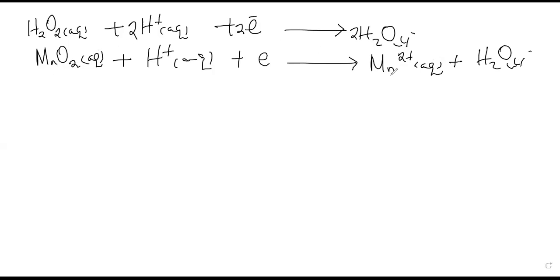Manganese is 1. Oxygen is 2. Oxygen is 1. So can you bring a 2 here? Making hydrogen 4. Can you bring a 4 here? This side you have positive 4 charges. This side you have positive 2. So what should I put here? You put 2. I'll put a 2.